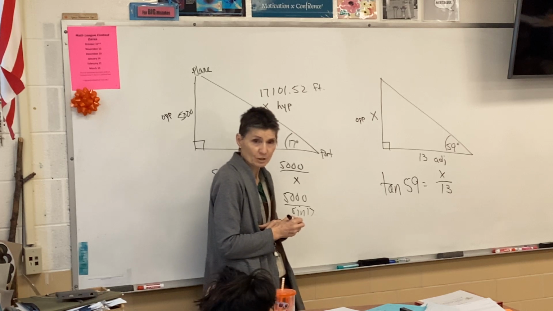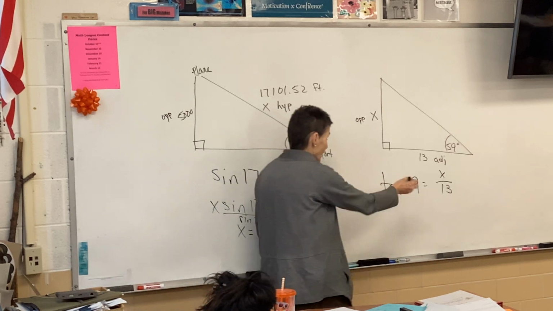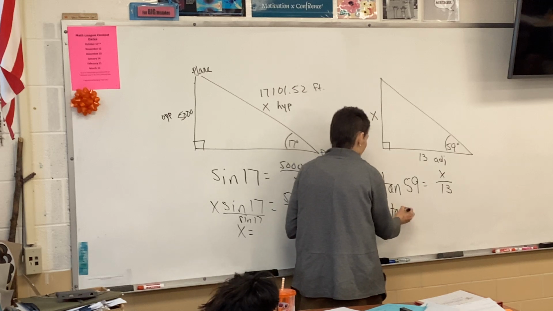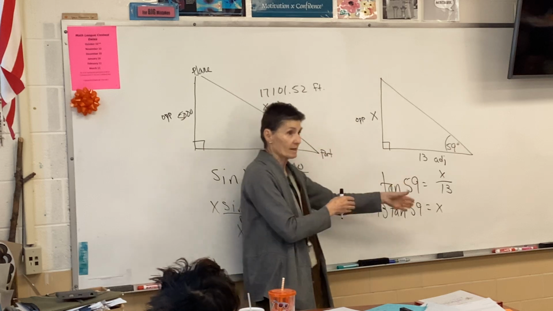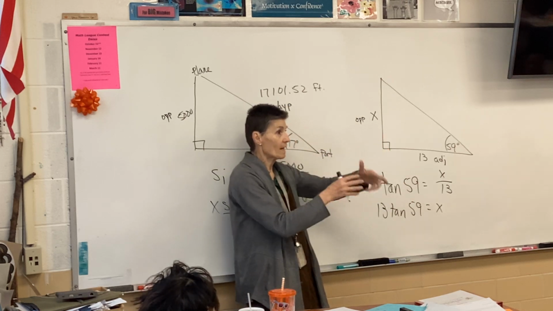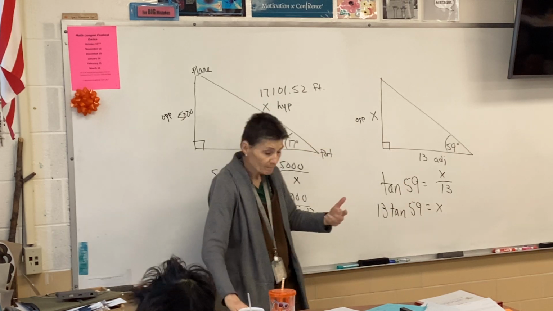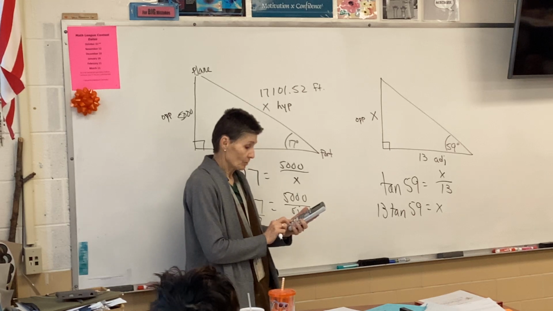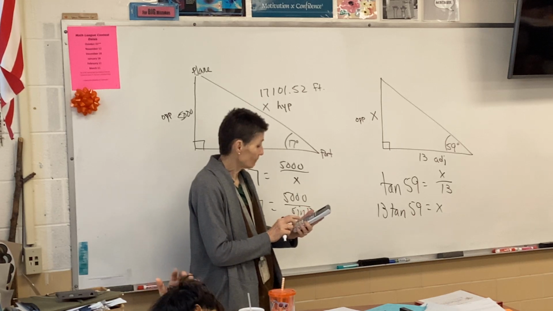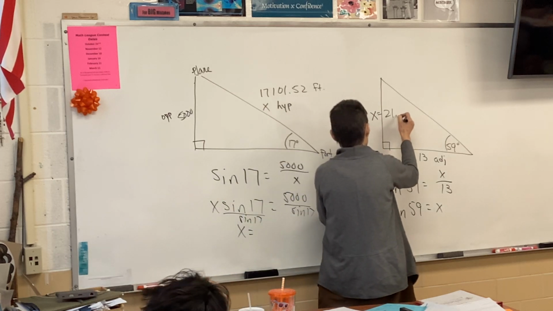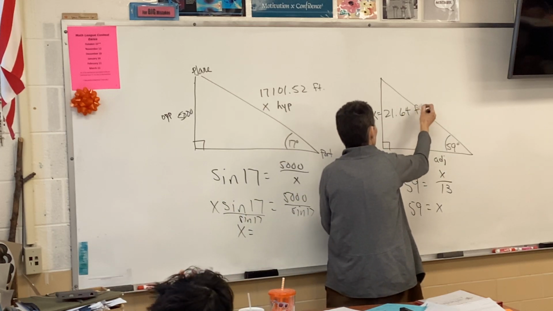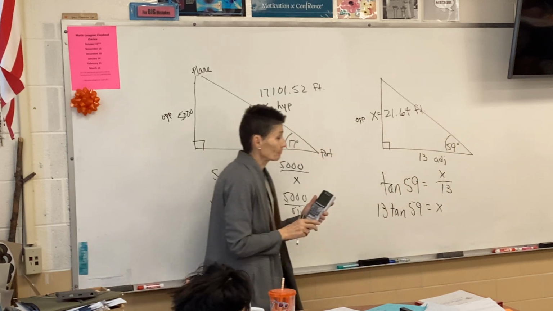Always clear your fraction, so we'll times by 13. And then we're done, because we have X. That's what I want. I want X equals, and I have it. So 13 tan 59. The flagpole is 21.64 feet tall.